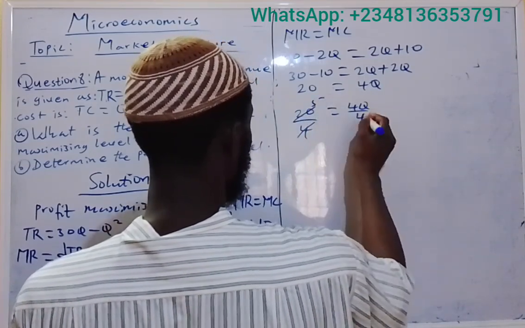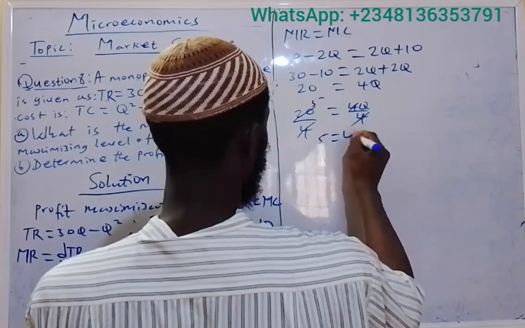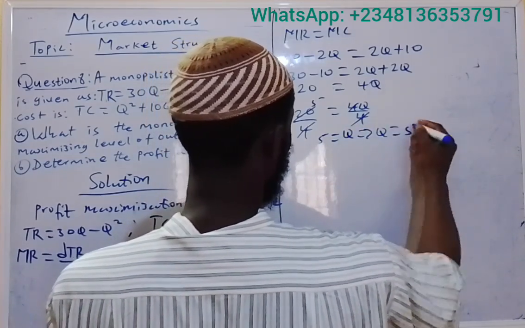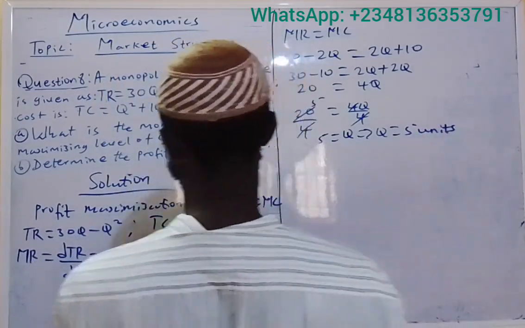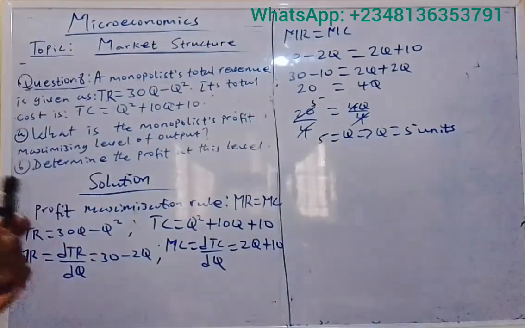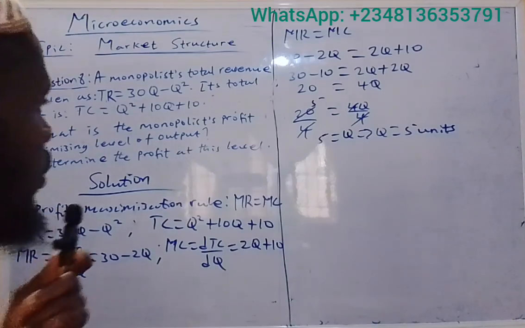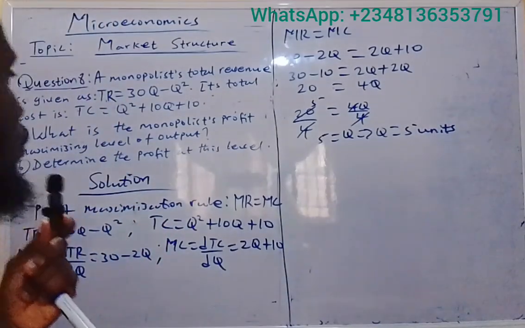Here, 5. So in other words, we have 5 equals Q. That is, Q equals 5. So 5 units is the profit maximizing level of output that this monopolist will produce. In other words, this monopolist will produce 5 units of output in order to maximize profit.